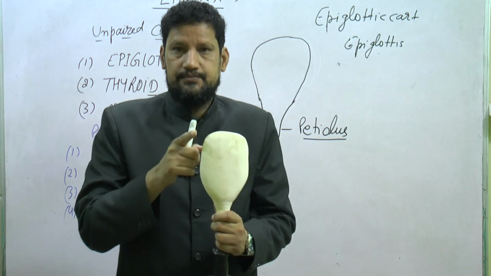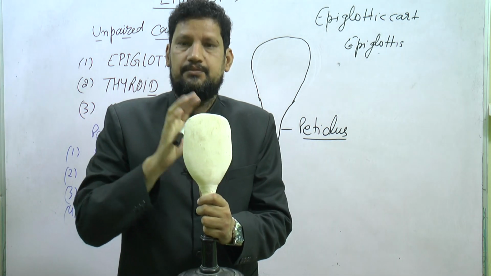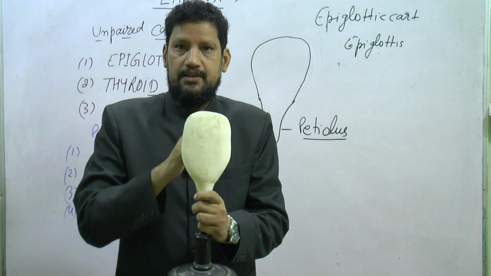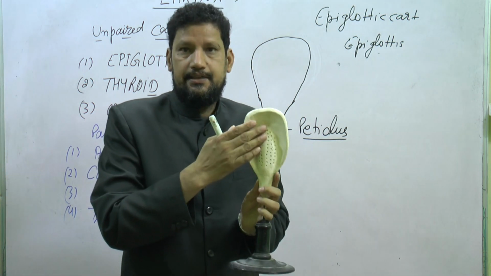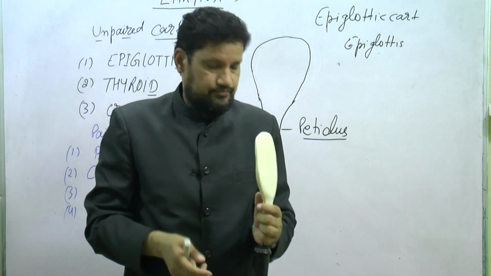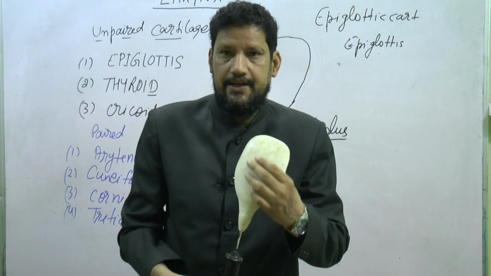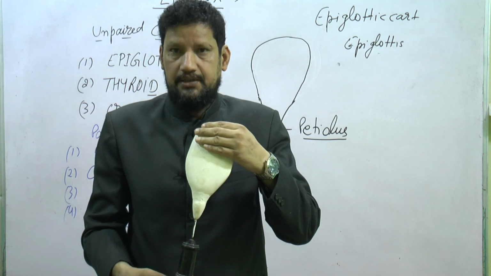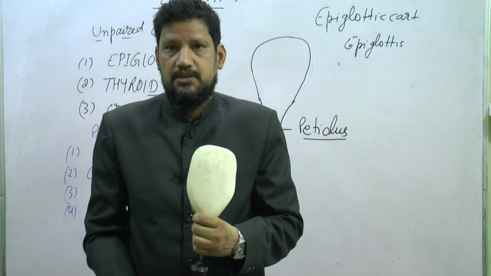Two borders, the right border and the left border. So upper end, lower end, right border, left border, anterior surface and the posterior surface. Projecting behind the base of the tongue, upper part, and hyoid bone, the lower part.